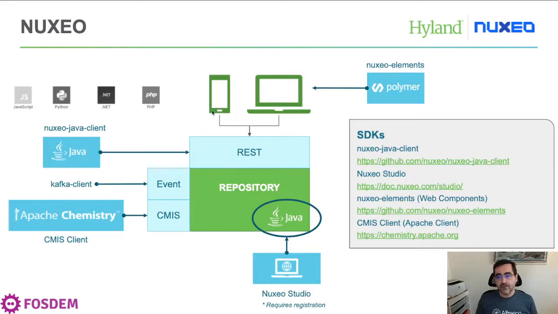Also note that any other HTTP client software can be used for this kind of integration. Consuming Nuxeo events is available using any of the existing Kafka clients that are available in Java, C, Go, .NET, and Python. When using the CMIS standard, Apache Chemistry clients, also available in many different languages, can be used.